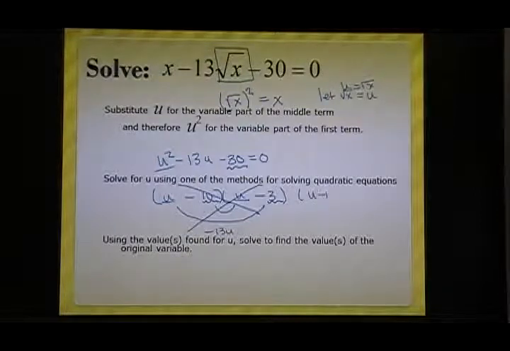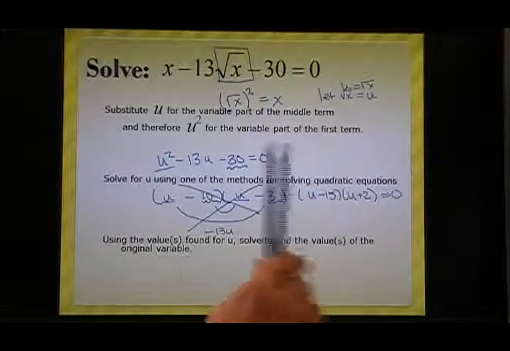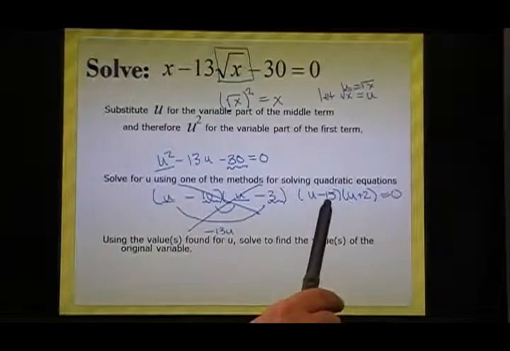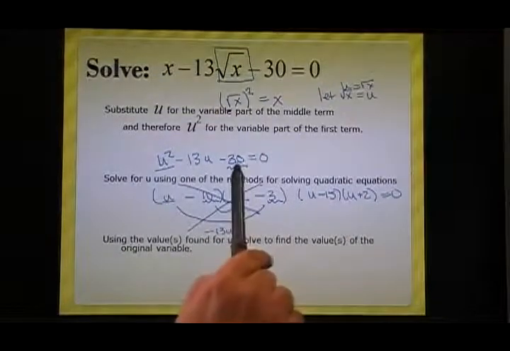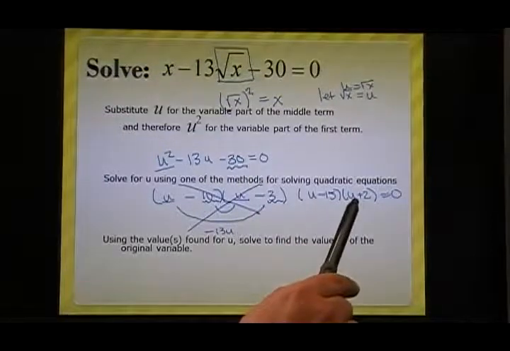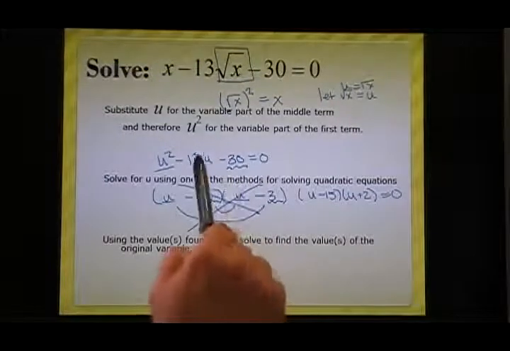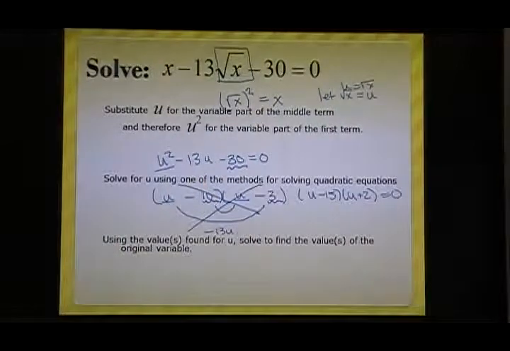The correct factorization is u minus 15 times u plus 2, because first times first is my u squared, my -15 times my +2 is -30, and -15u plus 2u, I do get -13u. So my solutions are 15 and -2. These are the values of u, but remember, we let u replace the square root of x.